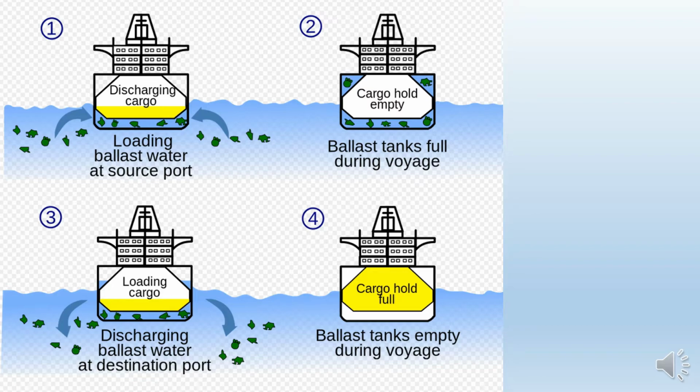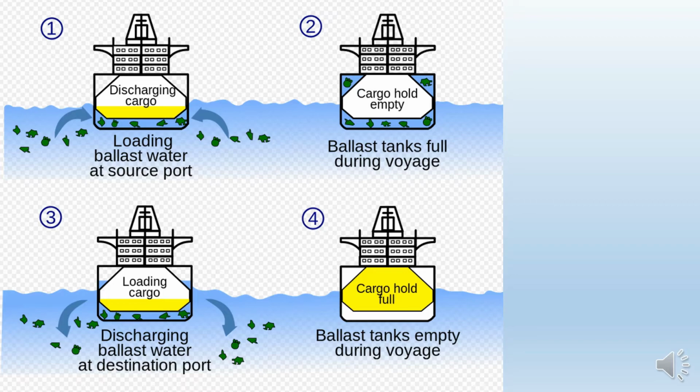Now coming to the second stage, the cargo is completely transferred to the port and the ship is completely empty, and the ship is now ready for a voyage to some nearer port where it will be loaded with cargo again. So now, even though the ship is empty of cargo, it is still completely balanced because of this water, which has made it heavier and more stable.